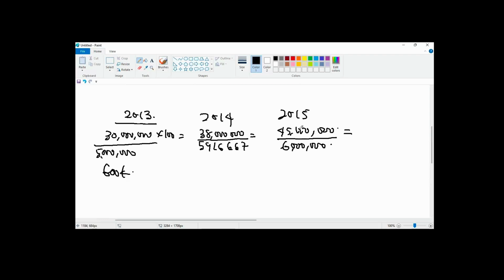45 divided by, is it 45 or 48? 45 divided by 6 million. So no such less one. 2015, 7.5. Don't forget they are multiplied by 100. Give us the cover.